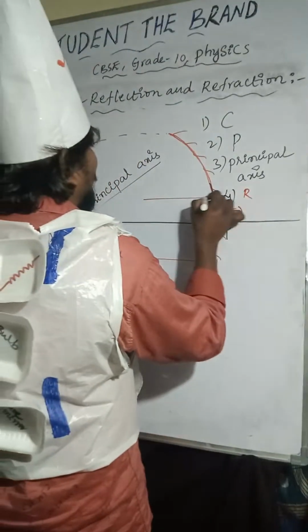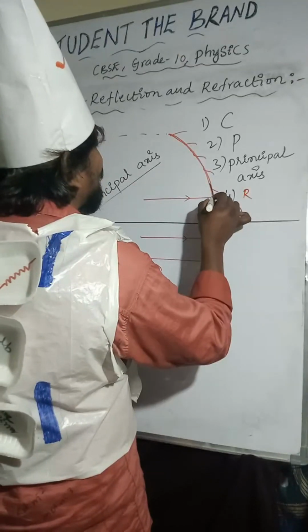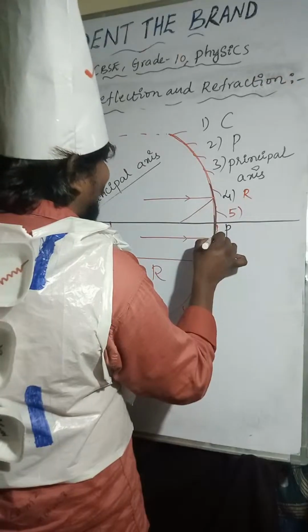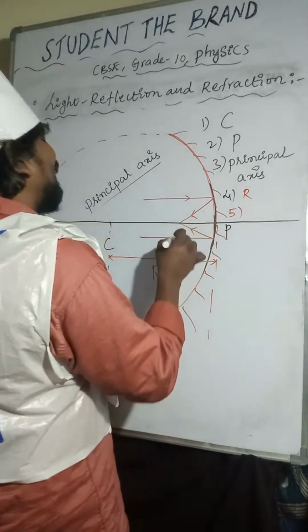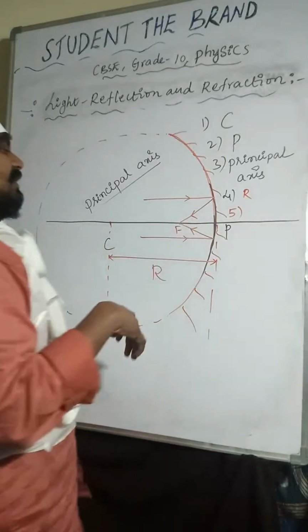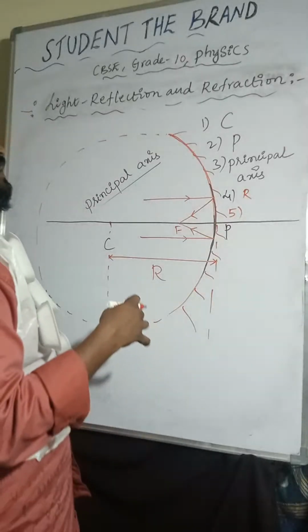After reflection, all light rays meet at one point on the principal axis, called the focus.